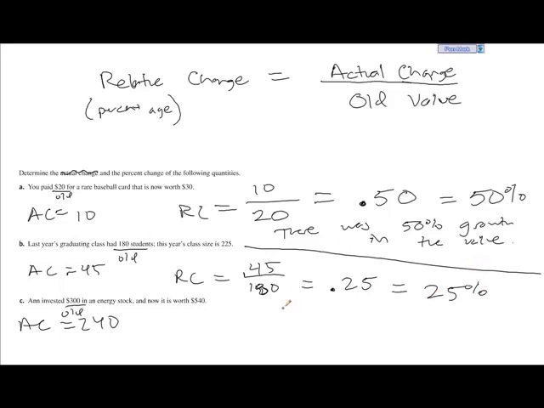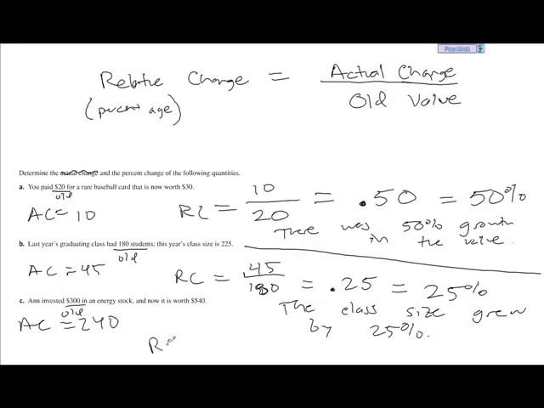So we can say that the class size grew by 25%. Now keep in mind what 25% means. That means it grew by 25 for every 100 students originally present. So it grew by 25 for every 100 students, i.e. it grew by 45 for the 180 students. So really a relative change is just saying how many it's grown per how many there were. So 45 per every 180, 25 per every 100.